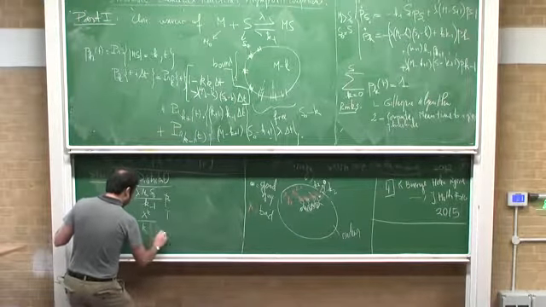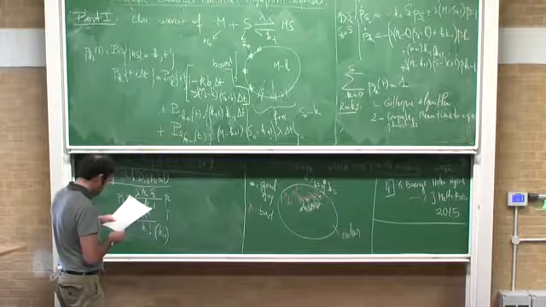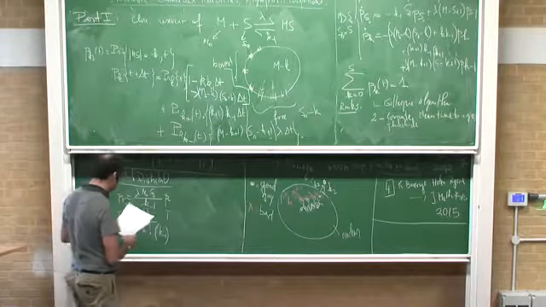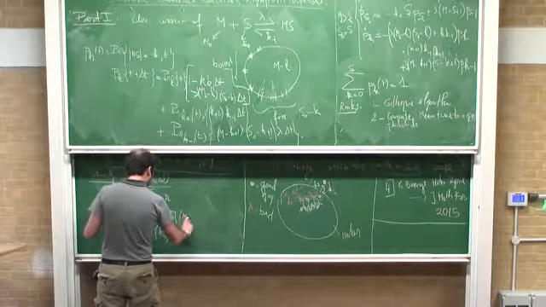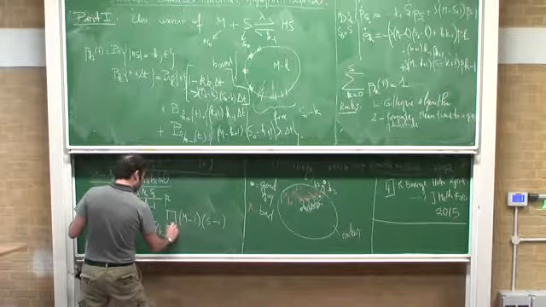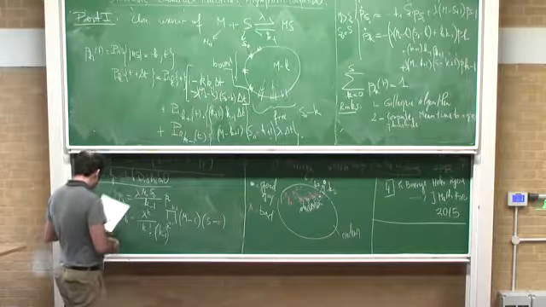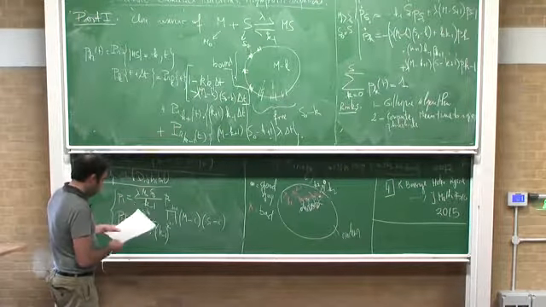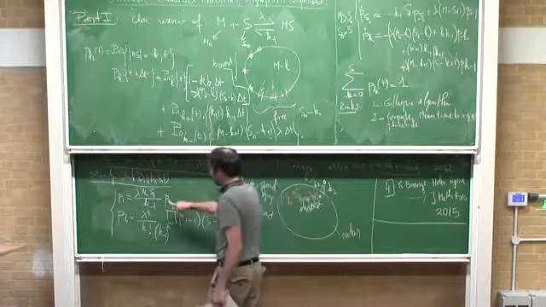I have to be careful now, because k minus 1 means the backward binding rate. And then multiply by p0.